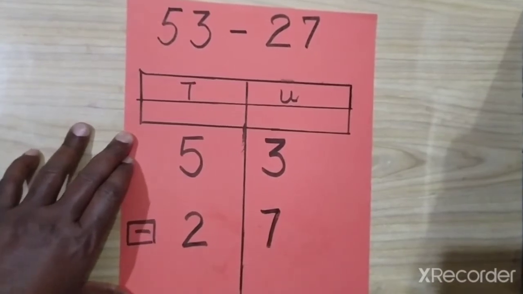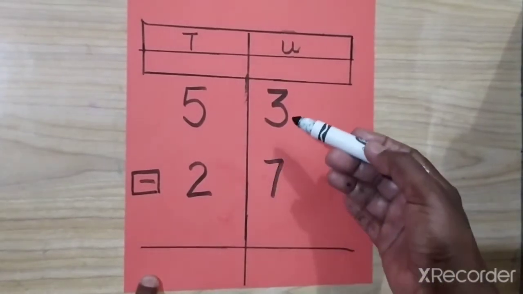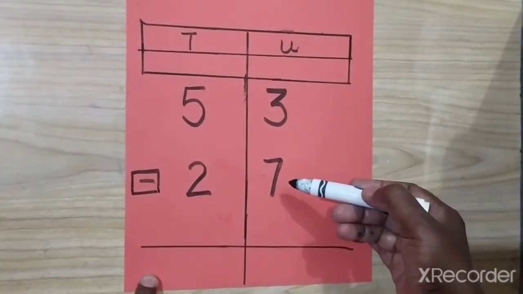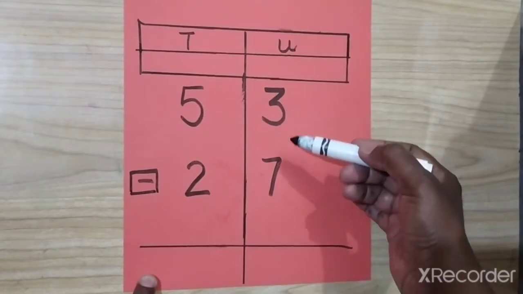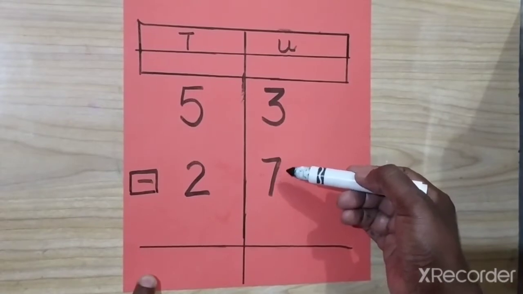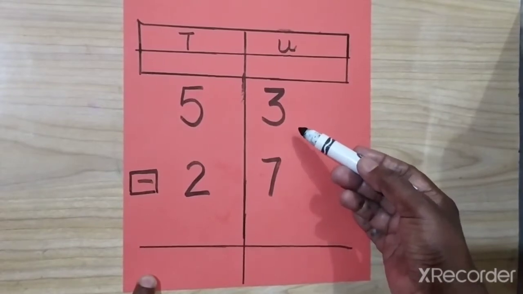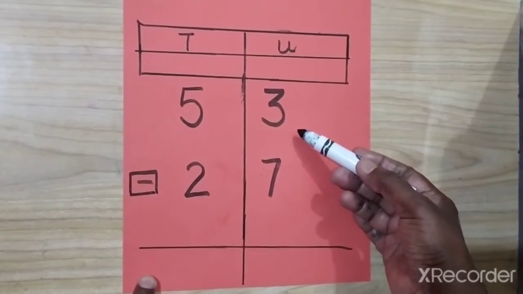minus. Now, as with addition, it is the same with subtraction, we start by subtracting from the units place. Now, what do we have in the units place? 3 minus 7. That means I have to take away 7 from 3. Am I able to do that? What do you think? If I have 3 chocolates, can I give you 7 chocolates?